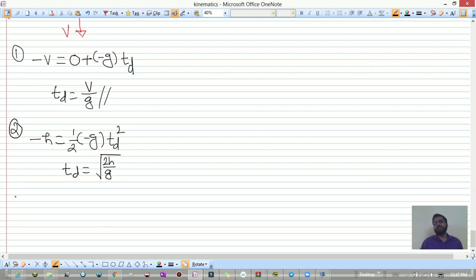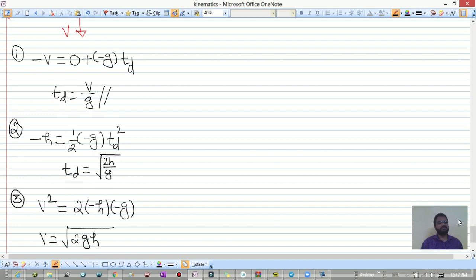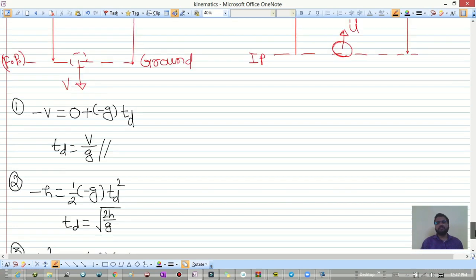And third equation of motion, v squared: final velocity squared, that is minus v squared, same as plus v squared, 0 squared is equal to 2 into minus h into minus g. As you can see, the final velocity we have is root of 2gh. So I hope this is clear to you all.